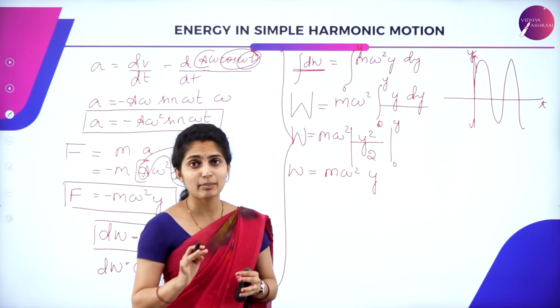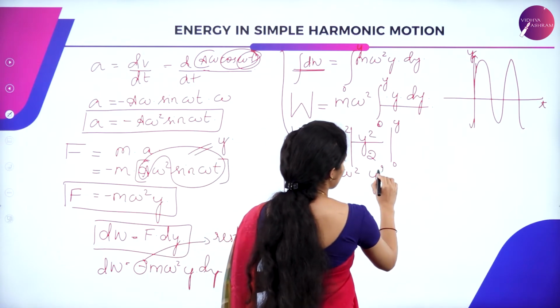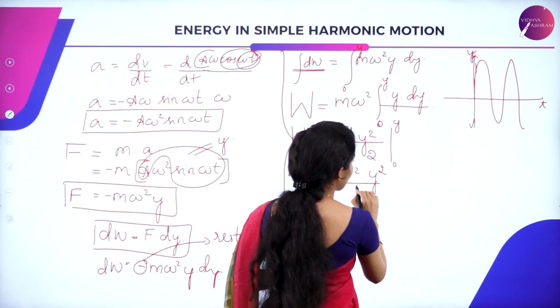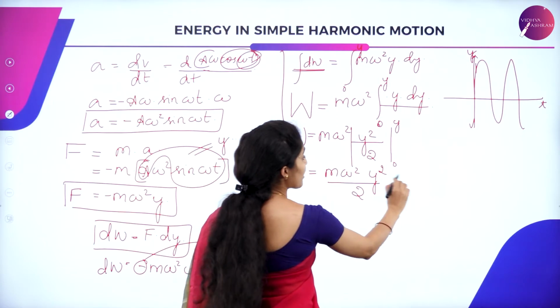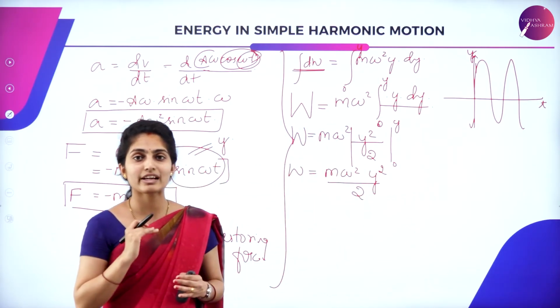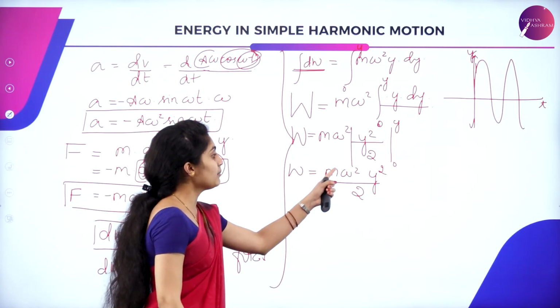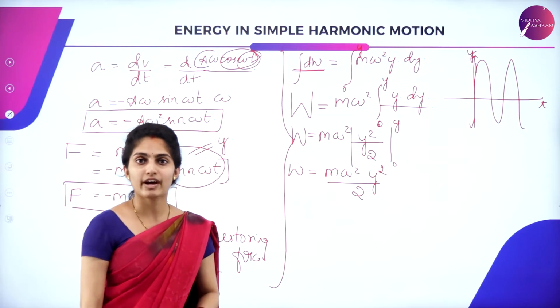Since it's the same alphabet, it's not necessary to change again and again. So y square divided by 2, and again you will have minus the same term with y replaced by 0. Since it is 0 divided by 2, it gets cancelled. So we have m omega square y square divided by 2.